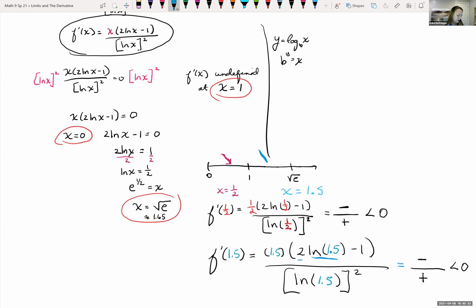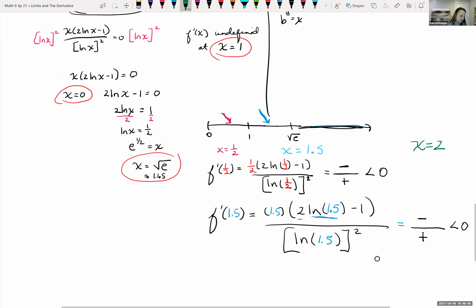So that critical number, x equals 1, which it was undefined at, there's an asymptote there. It's not a max or a min. So we have one more interval that we have to look at, and that's something that's greater than square root of e. Square root of e was 1.65, so maybe let's look at x equals 2.